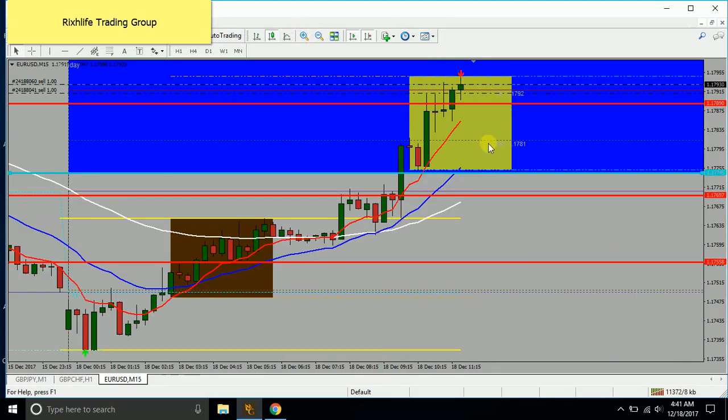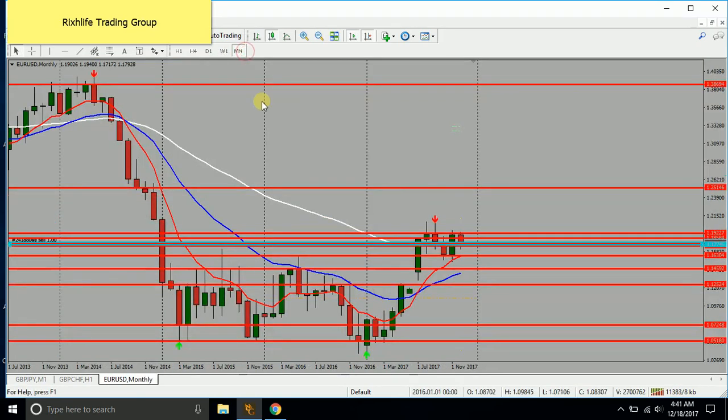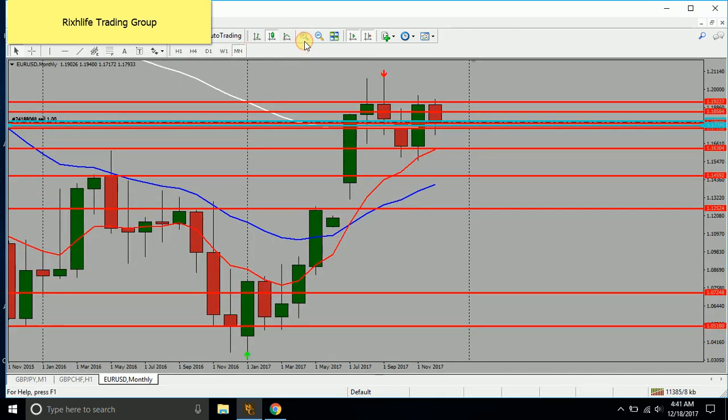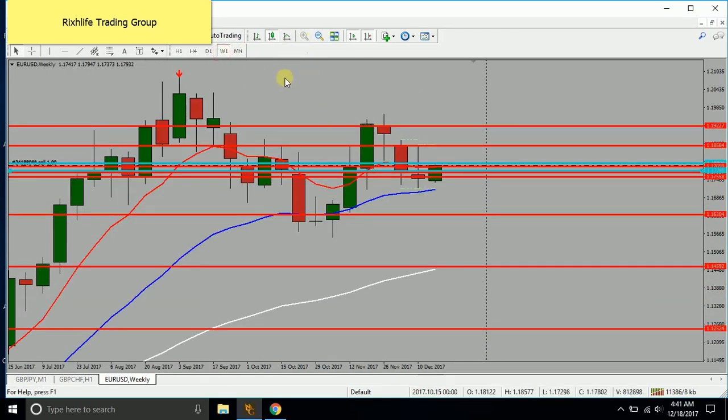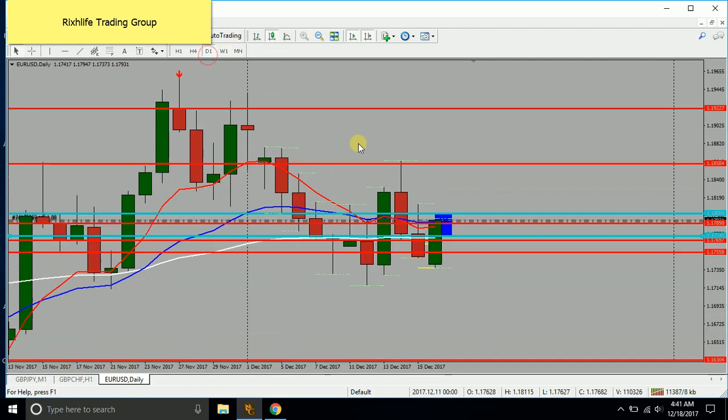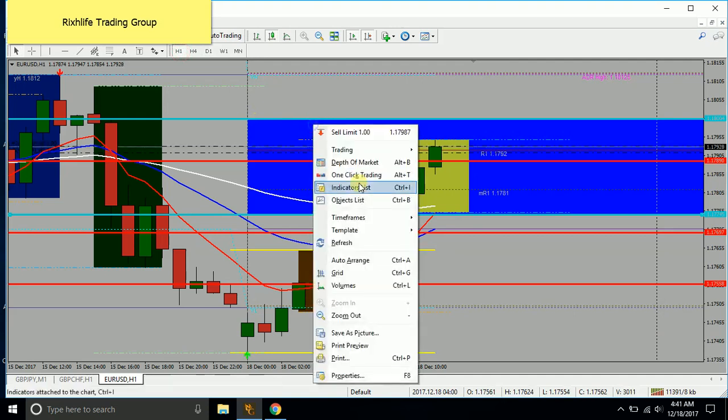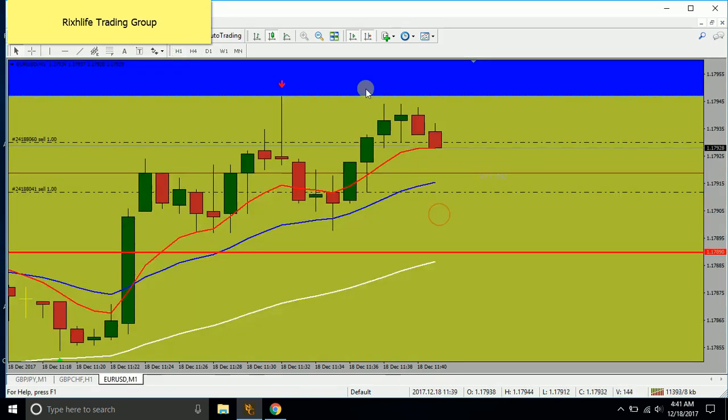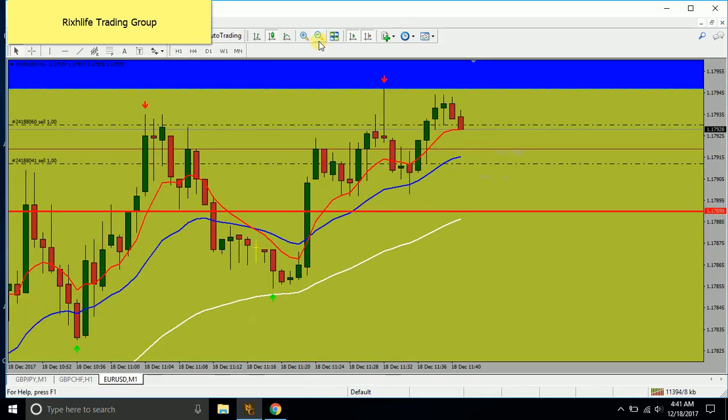And it could possibly be a shift all the way back down here. That's why I tell you guys to focus on the bigger picture here, and then look for your entries on levels in charts such as here.